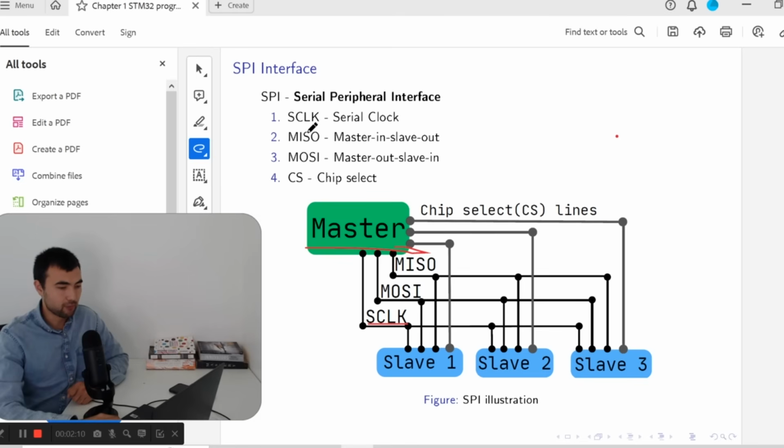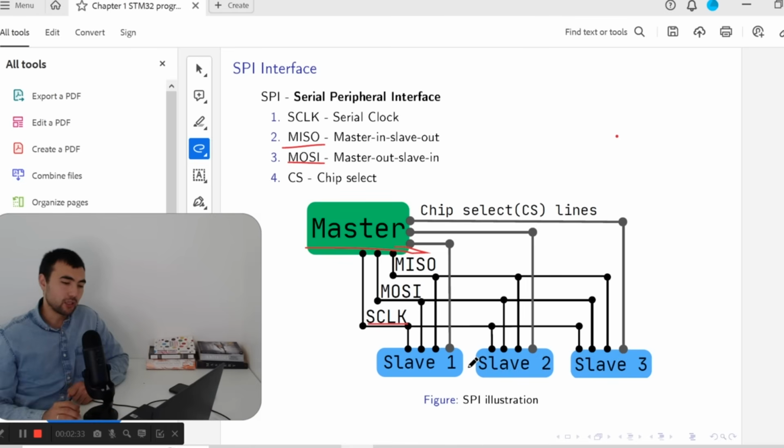Then we have a master in slave out MISO line. So through this wire, a slave can send data to the master. Then we have MOSI, master out slave in. Through this line, a master sends data to a slave.